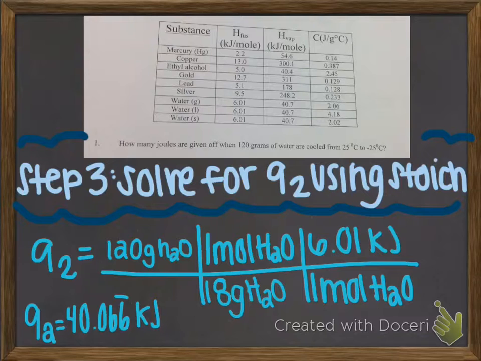When we multiply this out in our calculator, we get 40.066 repeating kilojoules. But we want to convert that to joules because the problem asks for it. I didn't write down the conversion, but when you convert it to joules, you get 40,066 joules.